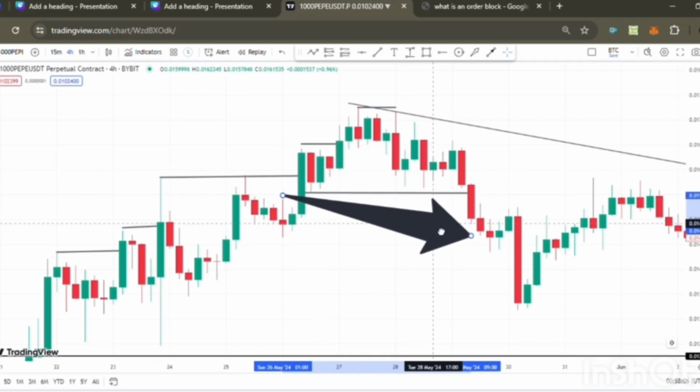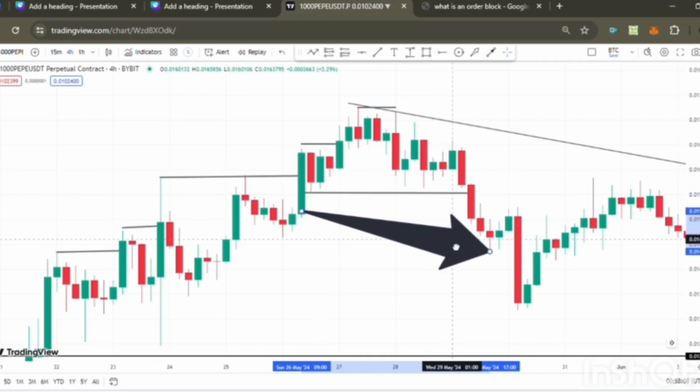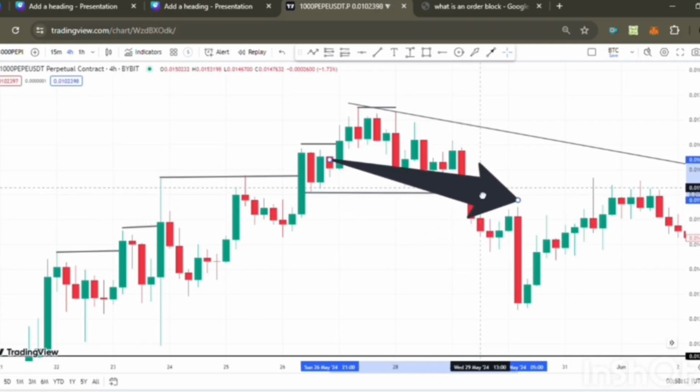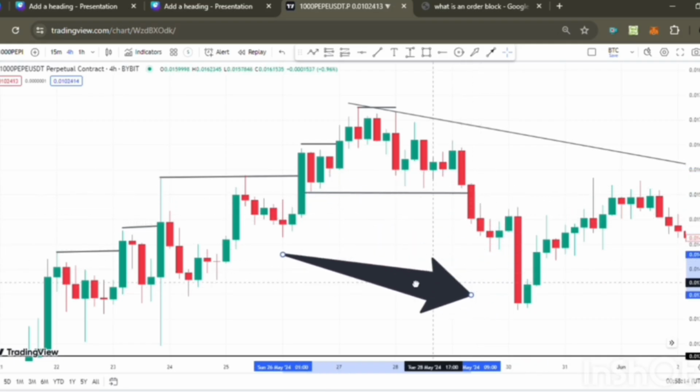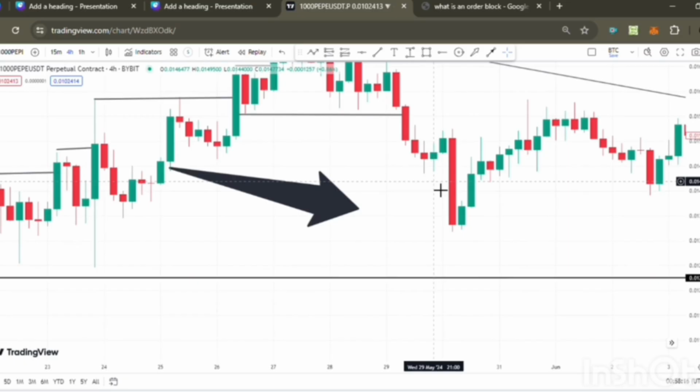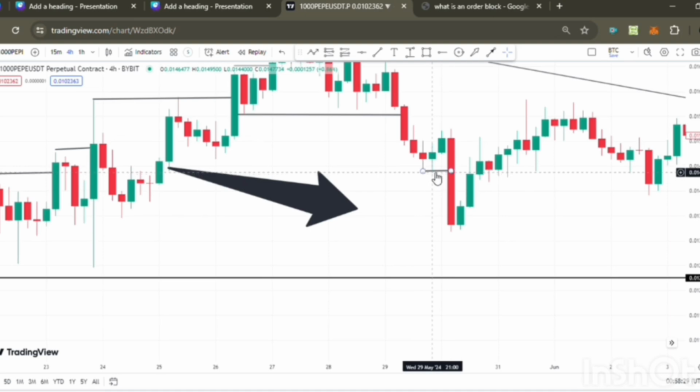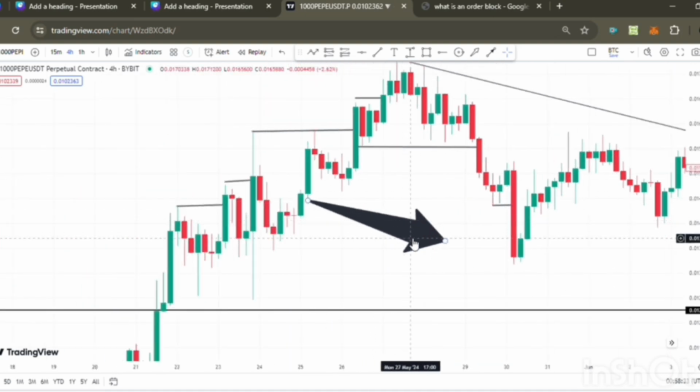All right, it came down here, pulled up, and broke the structure again, which is break of structure. Let me draw it so we can confidently see. For you to know that the market is now experiencing a downtrend, you need to wait to see what will happen.